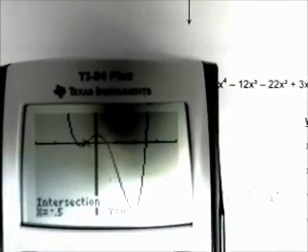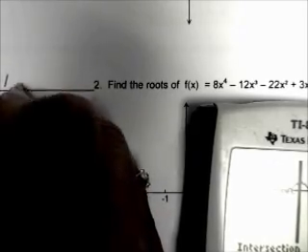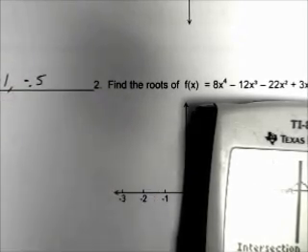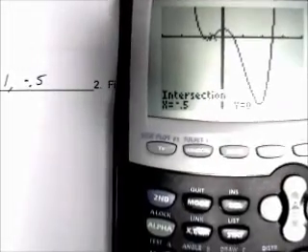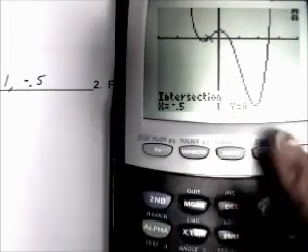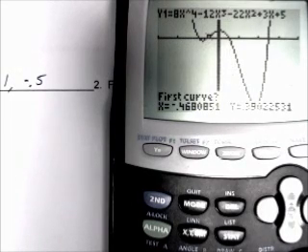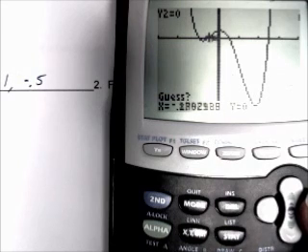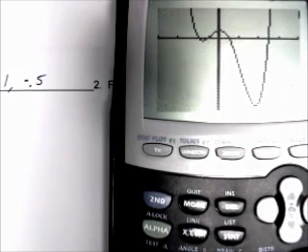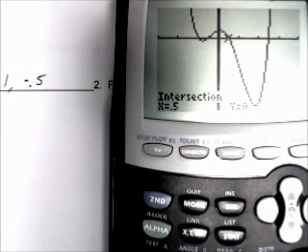Okay, so -0.5. Okay, second trace again, number 5. First curve enter, second curve enter. For the guess, I want to get closer to this point. Enter. That's 0.5.